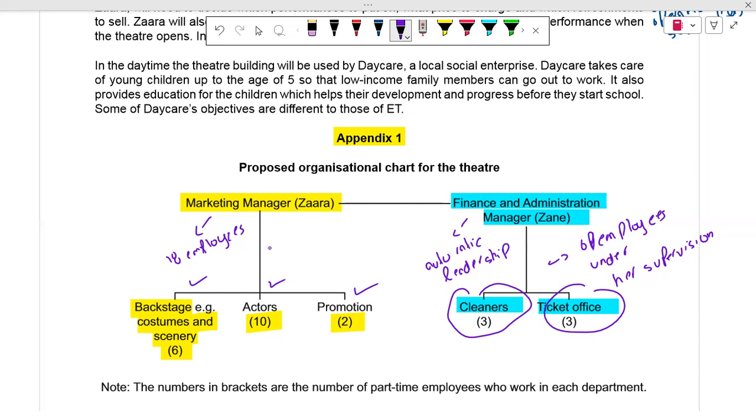Because if she empowers the employees who are arranging the costume and scenery, they can bring a lot of new ideas which will attract new customers. And of course, actors are also very important and you should empower them also.